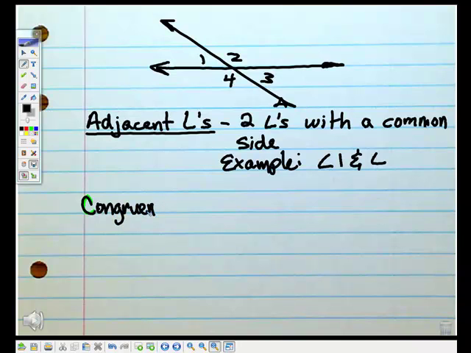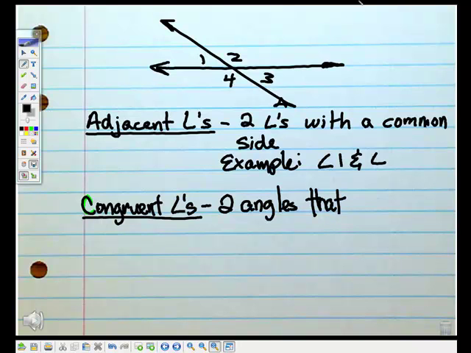Congruent's a word that will get used to describe things a lot more than just angles. Okay, congruent angles are two angles that have the same measure.